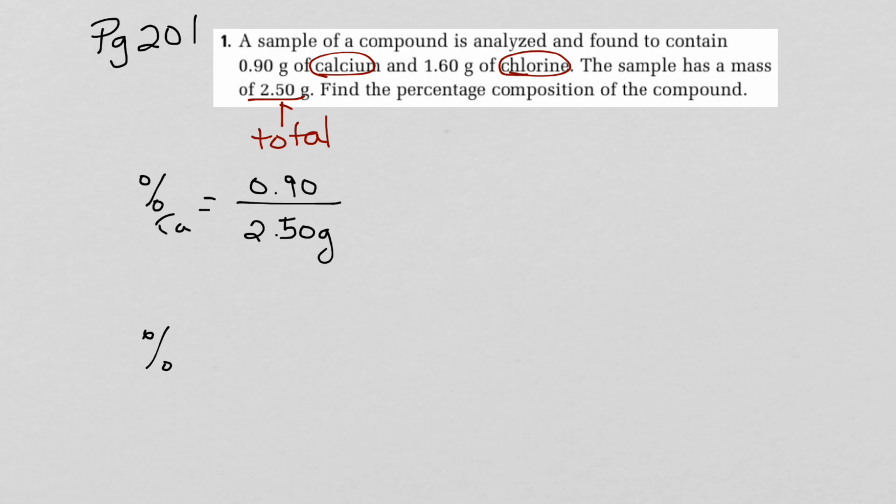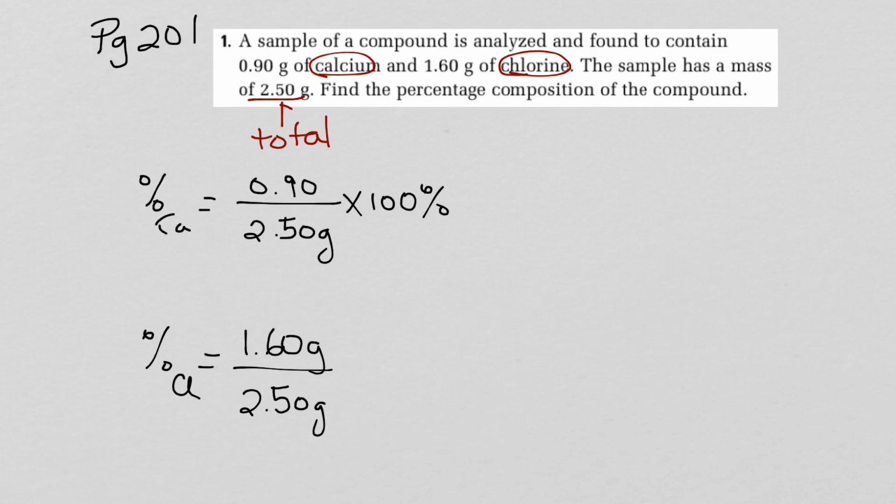And then out of 2.5 grams, because that's the total, they told us that 1.6 of it is chlorine. So we don't necessarily need the chemical formula in this case, and we don't necessarily need to use the molar mass always. As long as they told us the total mass of the sample and the mass of each element, we can go ahead and calculate how much mass each of these elements takes up in the entire sample.